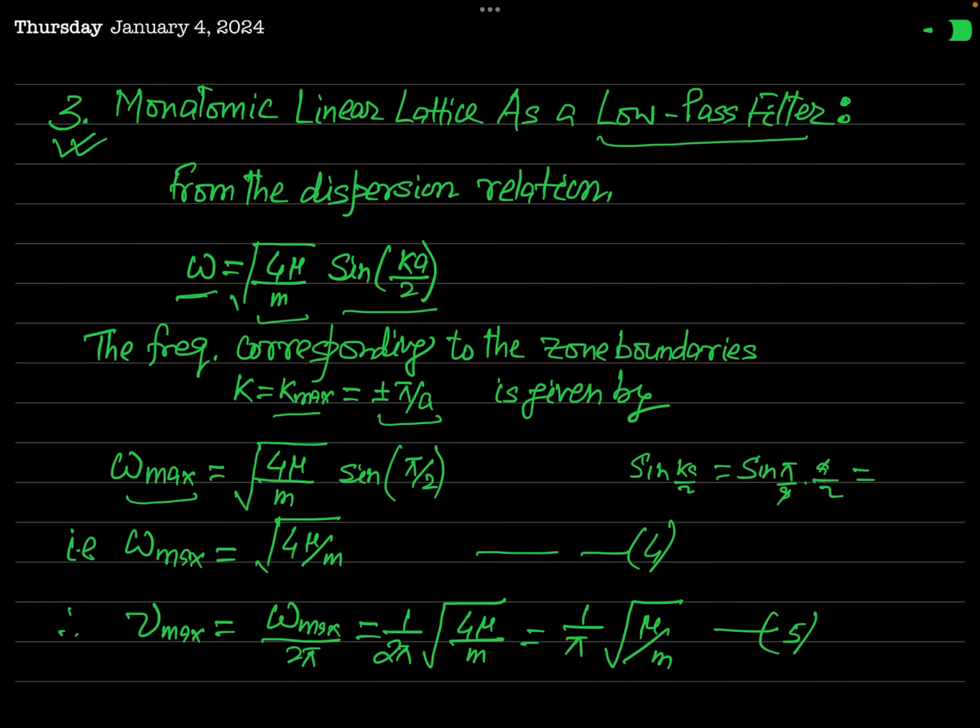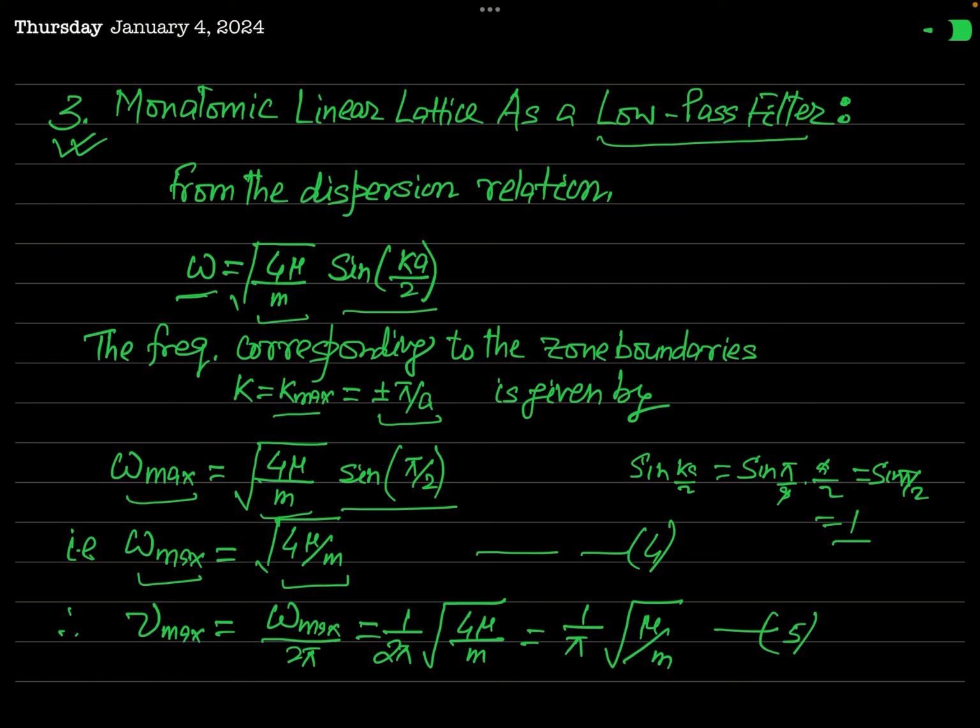This a and this a will cancel out, and this is sine pi by 2, which is equal to 1. So omega max becomes the square root of 4 mu by m times sine pi by 2. But as you know, sine pi by 2 is 1. So omega maximum is simply equal to the square root of 4 mu by m.